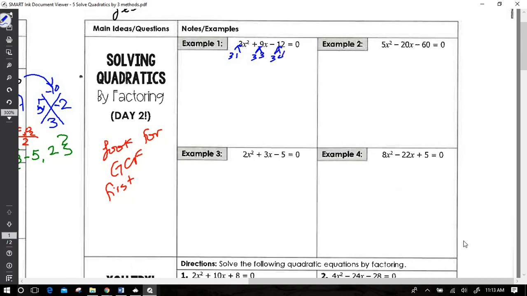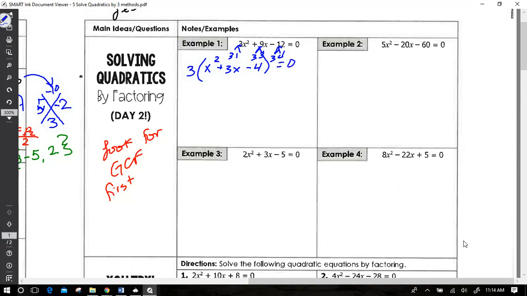So if I take out what they all have in common, and then write my leftovers in parentheses, I'll have a 1x squared, a 3x, and a minus 4 as my leftovers, and that equals 0.